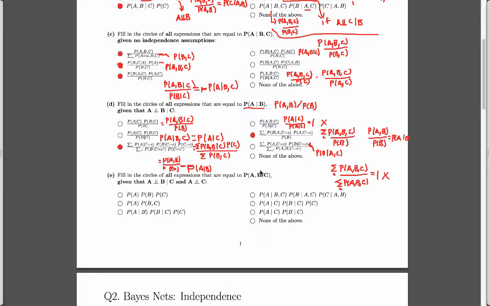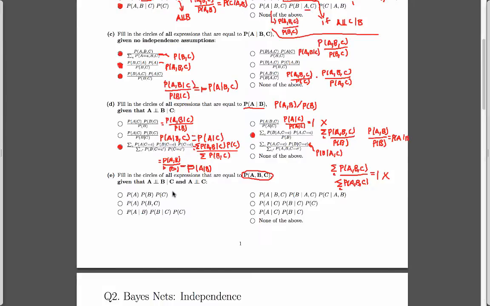So we're looking for things that are equal to the probability of A, B, and C, given that we know that A is independent of B given C, and A is independent of C. In this first case, we have probability of A times probability of B times probability of C. The only way that this will be equal to probability of A, B, and C is if A is independent of C, which we know is true, A is independent of B, and B is independent of C. And that is not true.